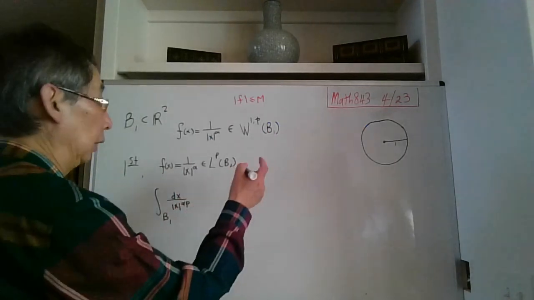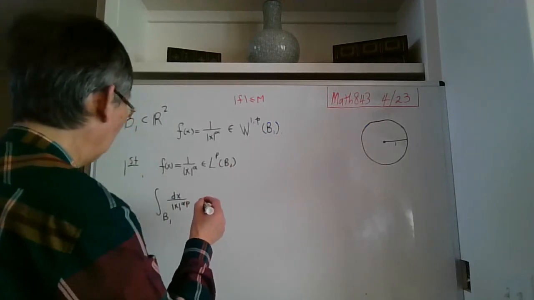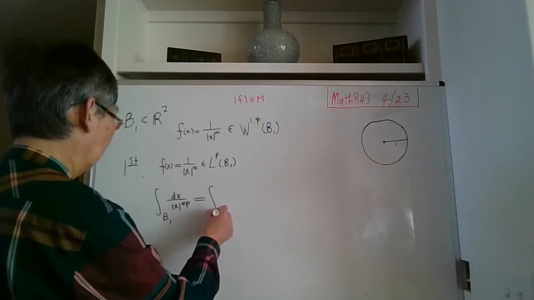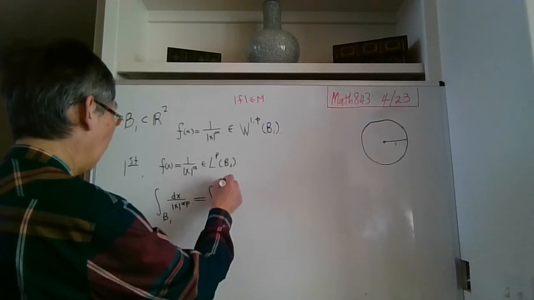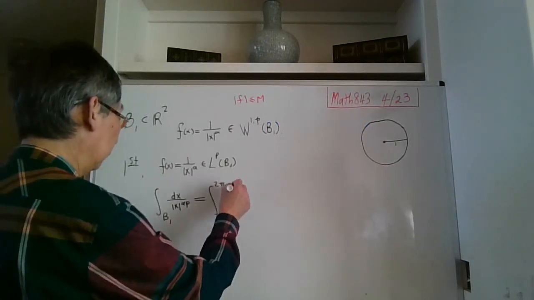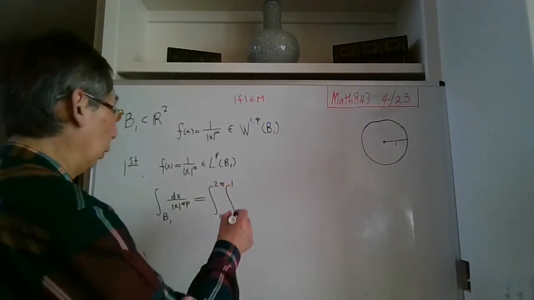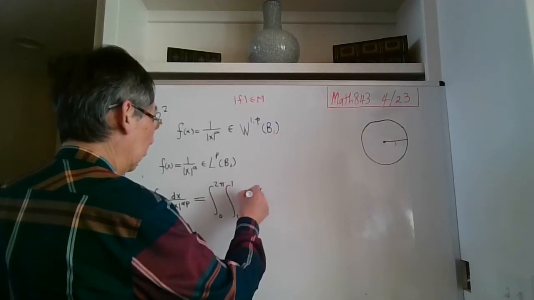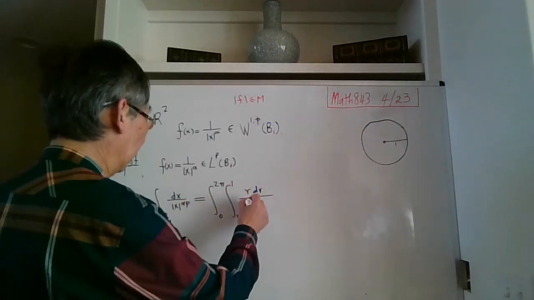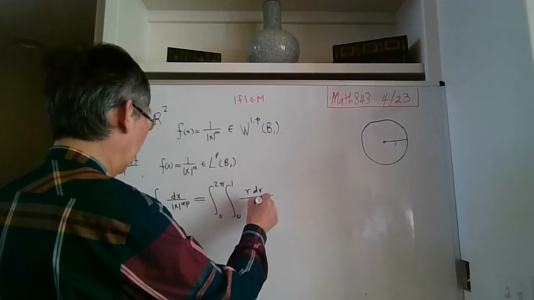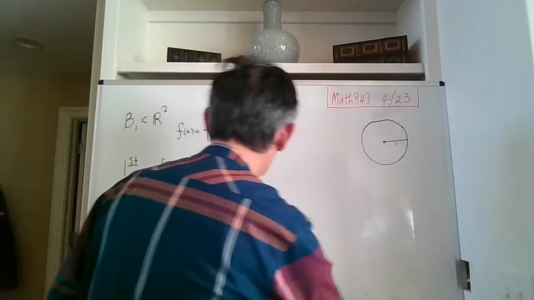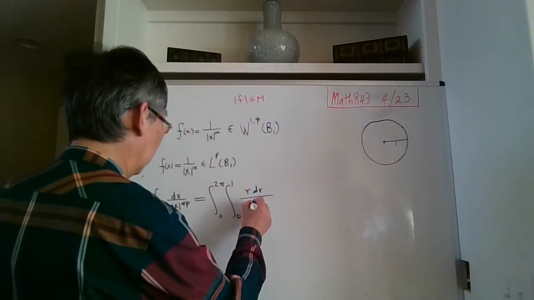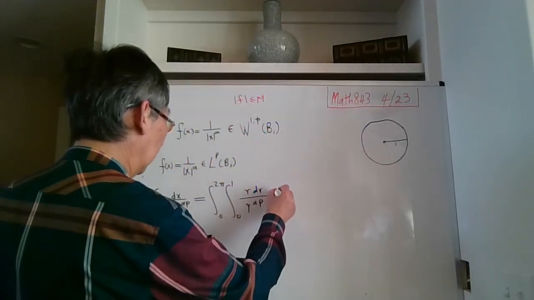Because it's a two-dimensional case, it's easy to use polar coordinates. This gives us the integral from 0 to 2 pi and from 0 to 1. In polar coordinates you have times r dr, and the function itself can be written as 1 over r^(alpha p), then d theta.